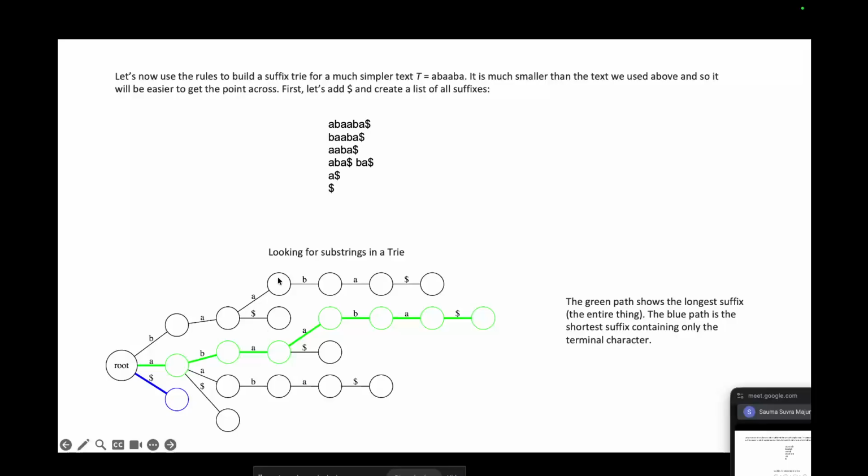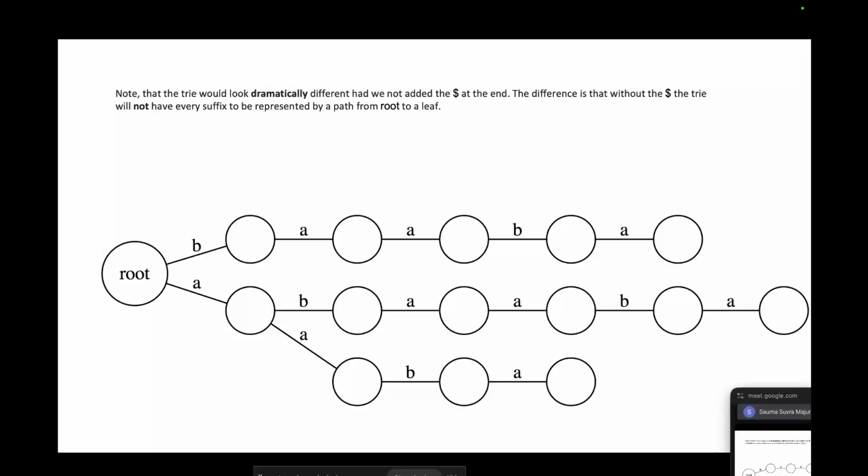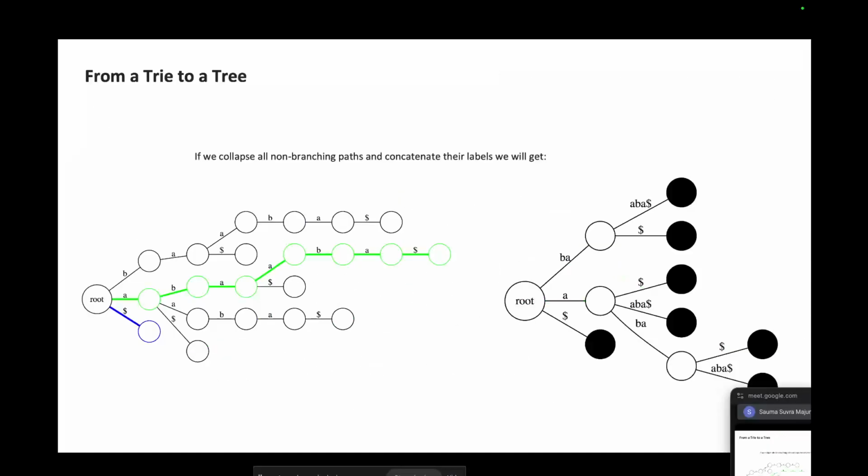So I can have one node here, and on the edge I can have ABA dollar. That crunches up the space. You crunch all the non-branching labels into one node, and this is how it will look. This is known as a suffix tree.